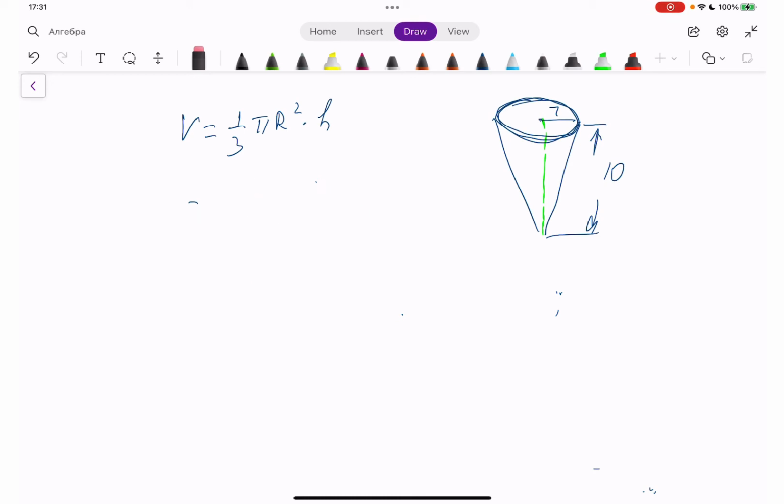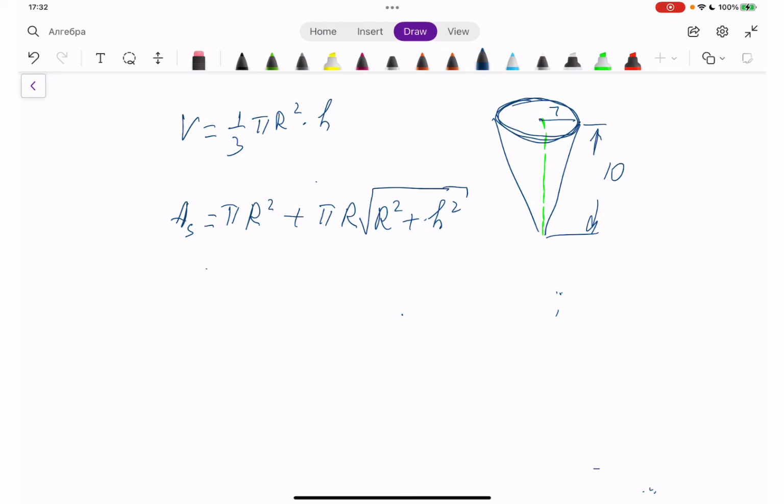So the formula for surface, area for surface, it's gonna be pi r squared plus pi r square root r squared plus h squared. Okay, it's a surface area. R is a radius, h is a height. Okay, let's do it. This is the formula for surface for cone.